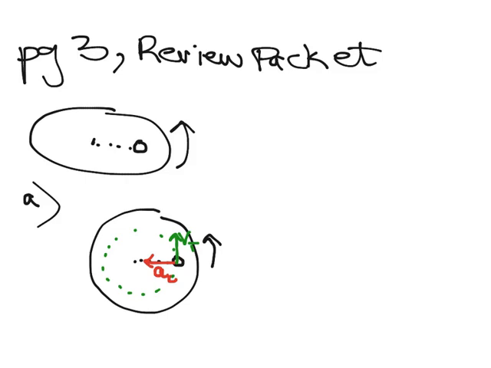Okay, in part B, they want us to find the linear speed of the coin. What they're really asking is for us to calculate vt, and we know that vt is equal to 2 pi r divided by t.